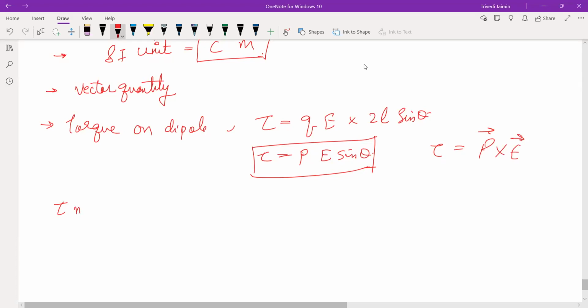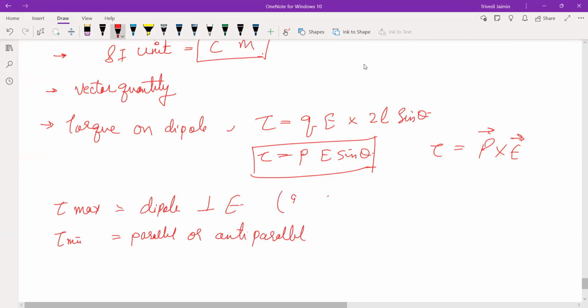So tau is maximum when P is perpendicular to E, or we can say the dipole is perpendicular to the electric field, that means 90 degrees. And minimum when they are parallel, that is 0 degrees.